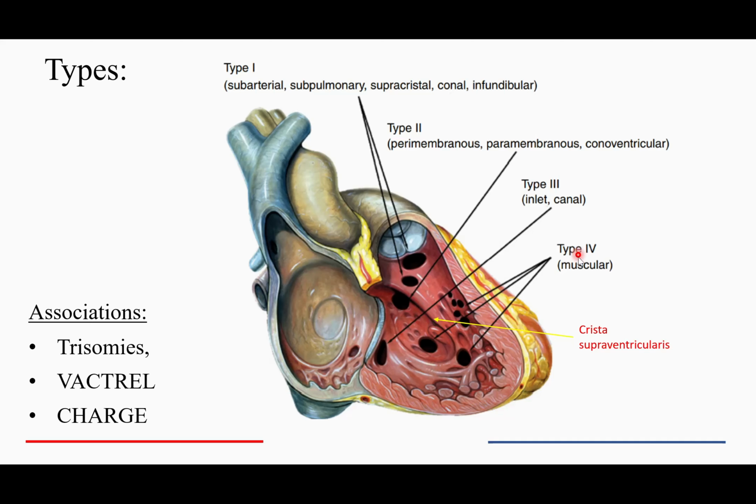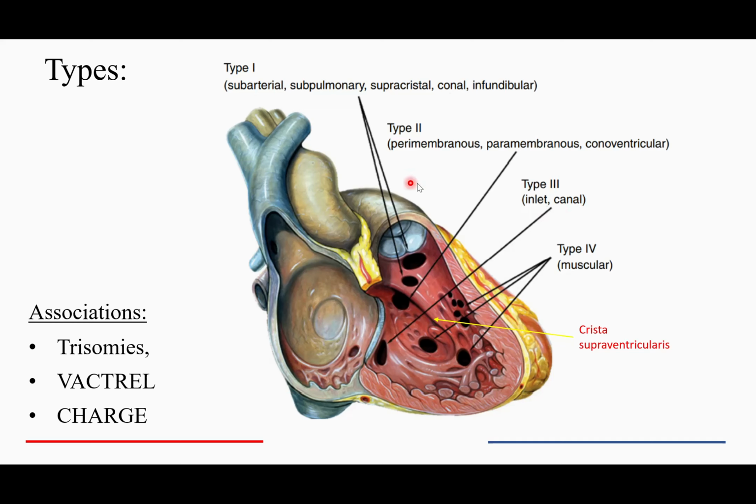So type 4 is muscular. Type 3 is the inlet. It is related to the tricuspid and the mitral, and it is usually associated with the AV canal, either partial or complete AV canal. So it can be called inlet VSD or canal VSD.